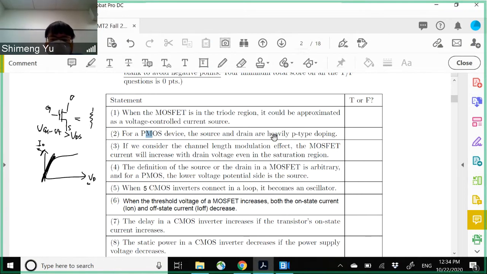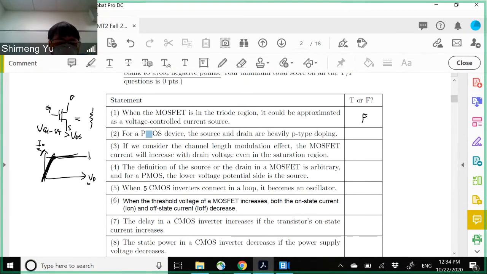So this is false, because in the triode region, this is more like a resistor. Only when it is in the saturation region do we have a constant current to the first order. Then it's like a voltage-controlled current source. What voltage controls it?